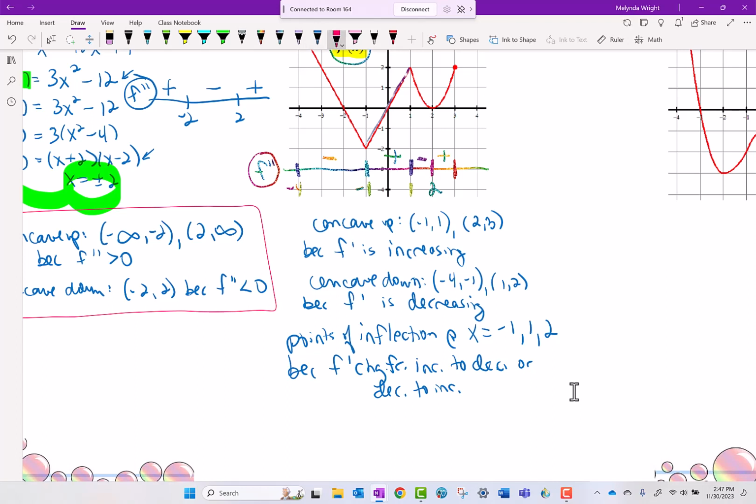And there's our answer for the graph of f prime.